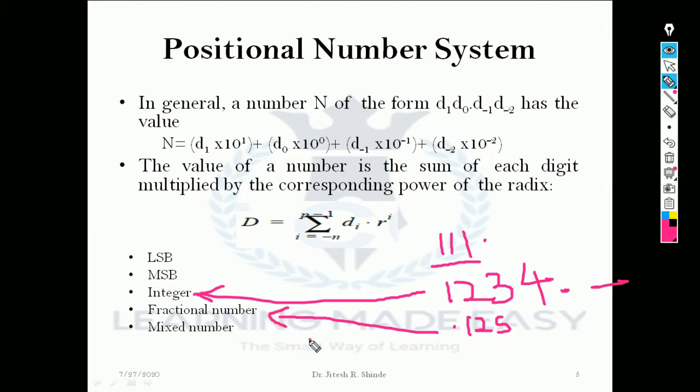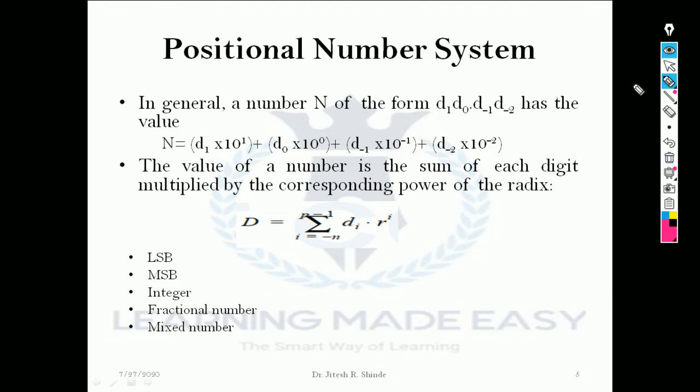If a number consists of digits before as well as after the decimal point, then it can be classified as a mixed number. Thus numbers can be categorized as integer, fractional number and mixed number.